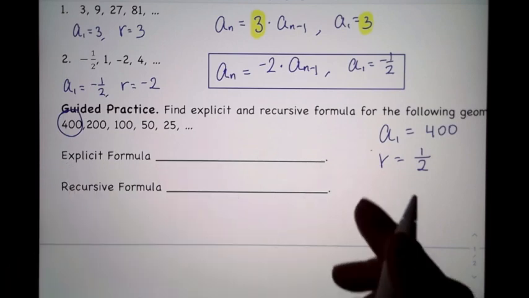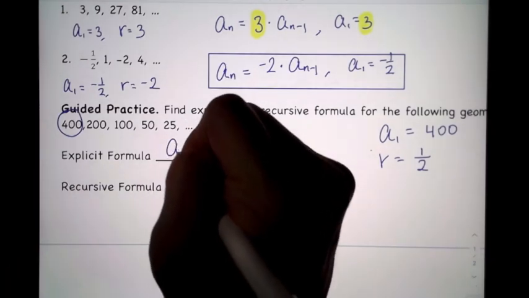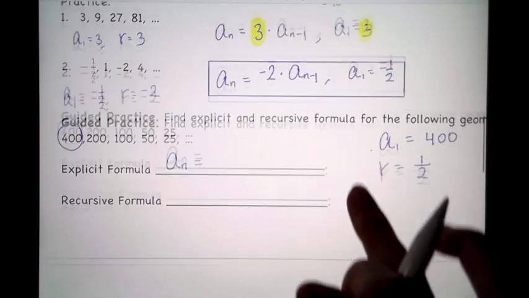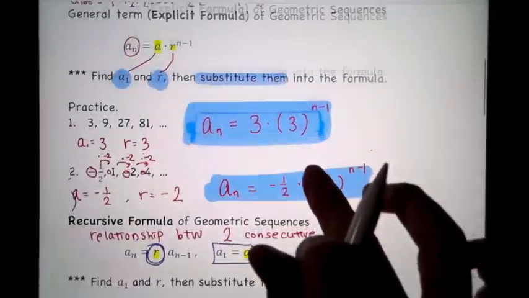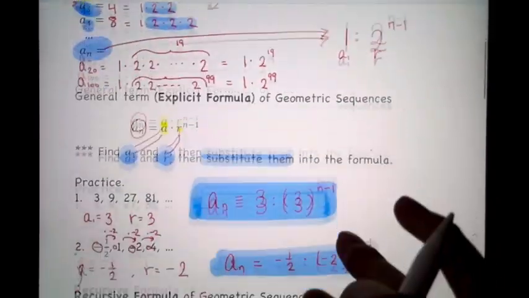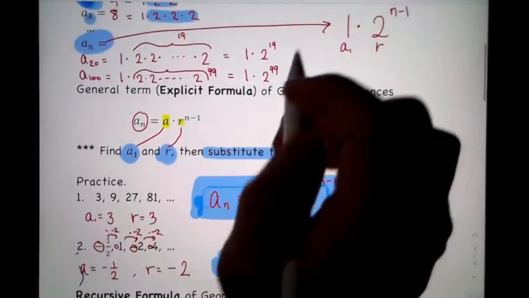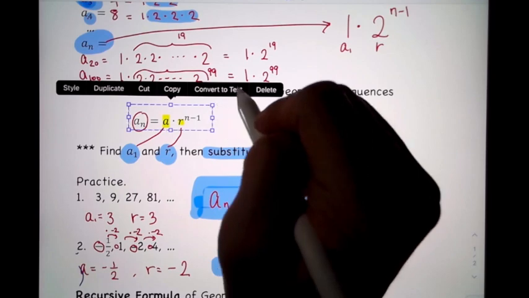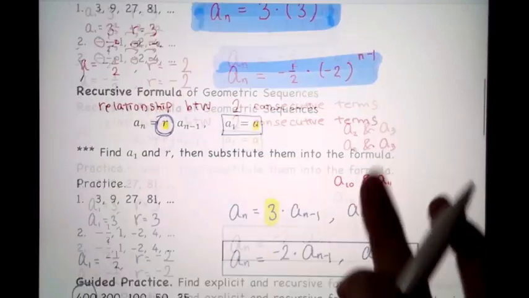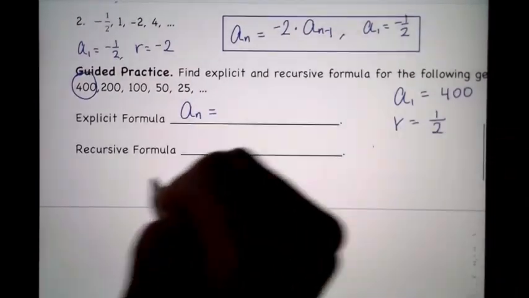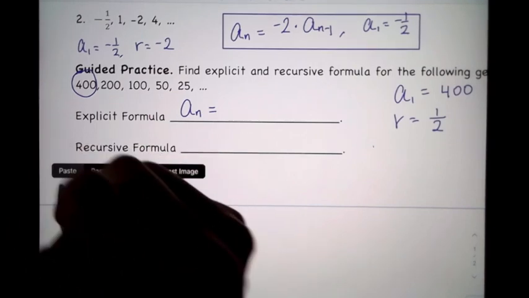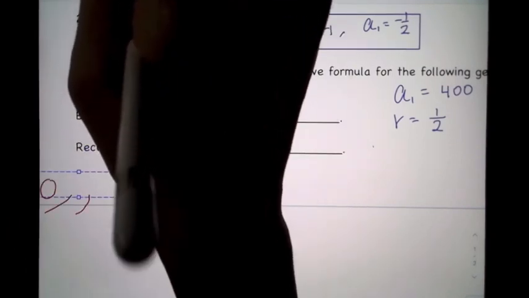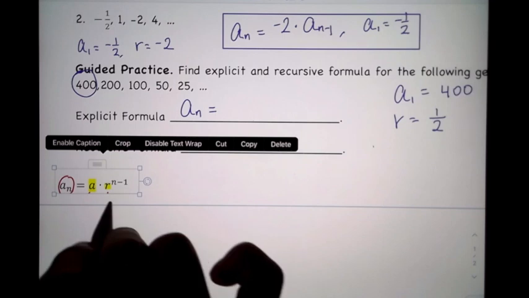Explicit formula. That is what? a_n equals. If you forget, you can use this. Where is it? Yeah, it's right here. So when you're doing your homework, you can copy it down here and you can use this.